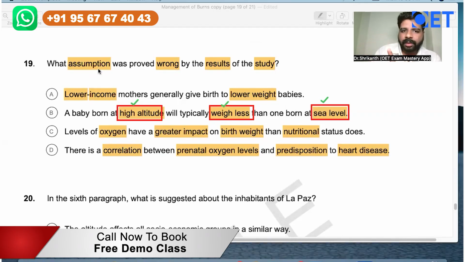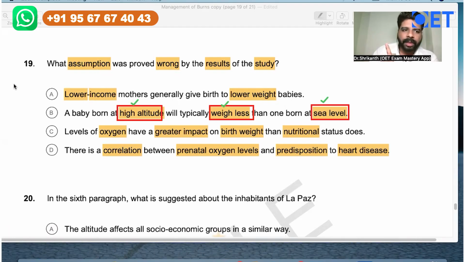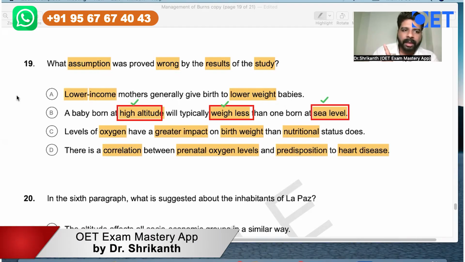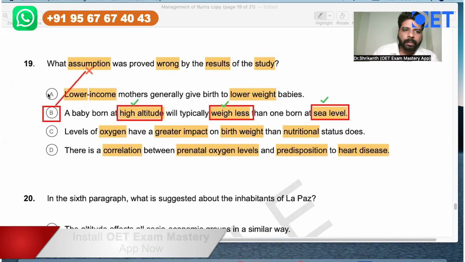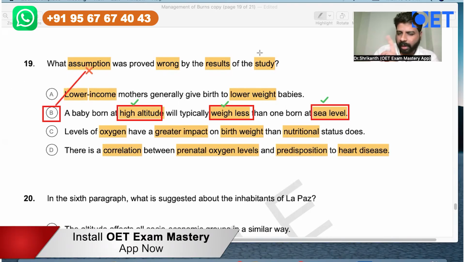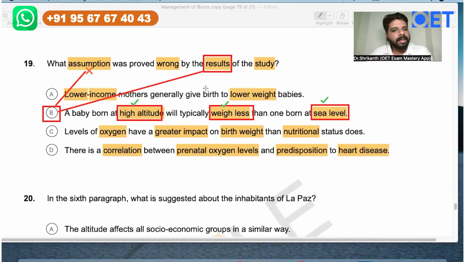Was this assumption proved wrong? This is not an assumption. This is basically the result of the study. So answer option B is not an assumption. You have to be able to make this link. Answer option B is not the assumption, it is the result of the study.